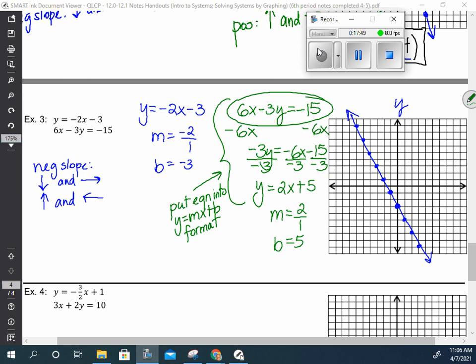Go to your y-axis, put a dot on 5. So your slope is positive. So remember, positive slope is up and to the right. Or you can go down and to the left.